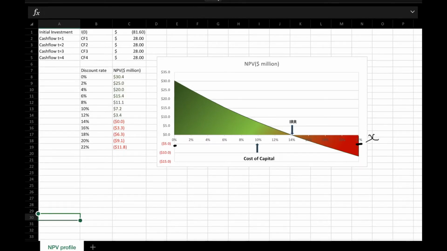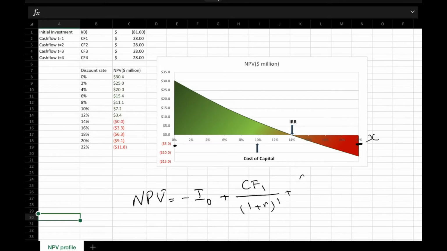As you remember, our NPV formula is something like this. So NPV equals our initial investment I0 plus the present value of cash flows.